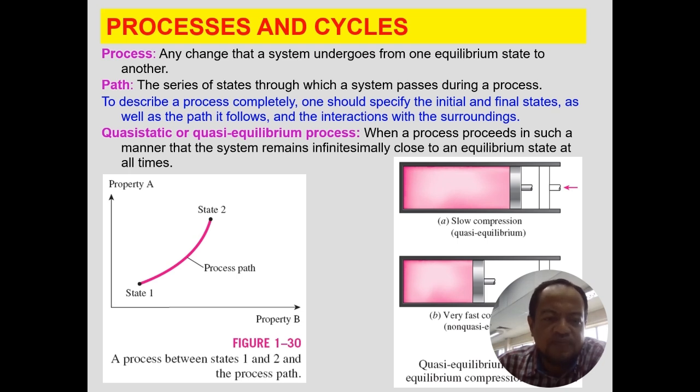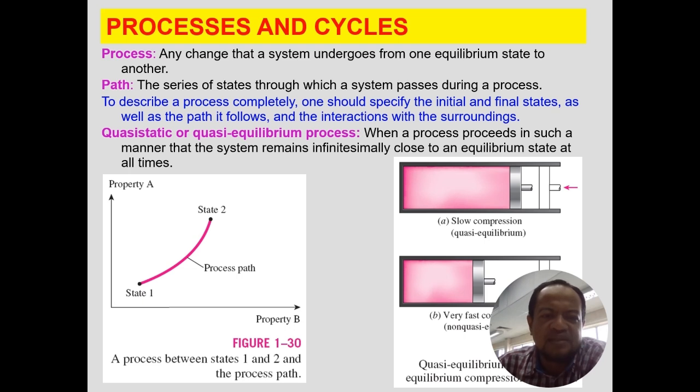We have the y direction as property A, and the x direction as property B. From state 1, it will move to state 2. So this is the process from state 1 to state 2, and the path or route that the process takes, we call it the process path.